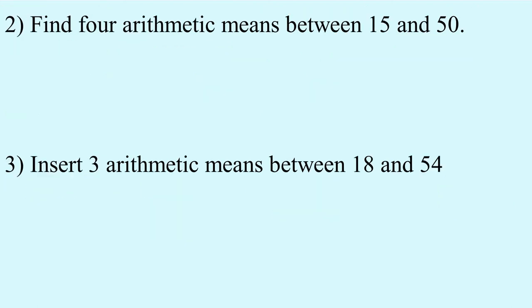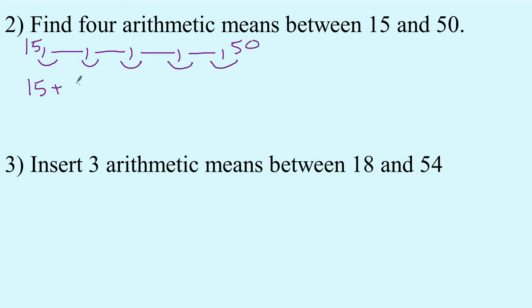All right, let's find some more examples. Okay, try these on your own. We want 4 terms between 15 and 50. Okay, I just like the visual. So we know to get to 50, you take 15, and we're going to add 1 jump, 2, 3, 4, 5 jumps. So 5 differences to get 50.